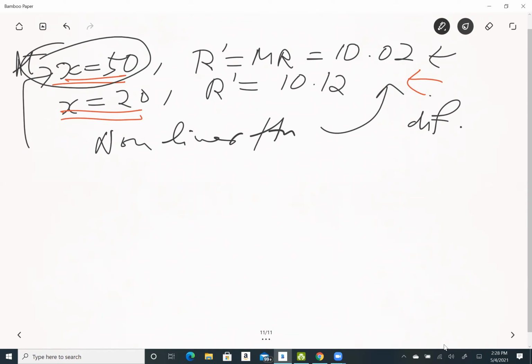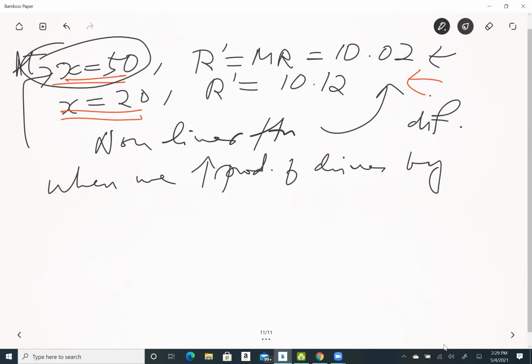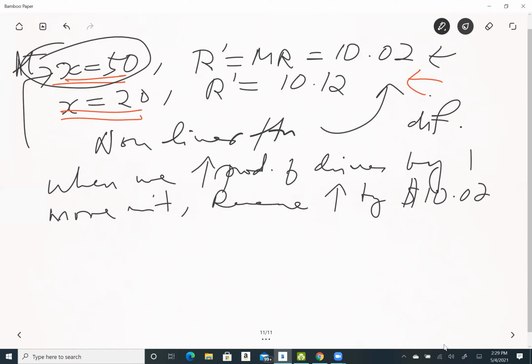So here, when we increase production of drives, or you just say when X increases by one more unit, then the revenue will increase by $10.02 at X equal to 50, or given the output level is 50.